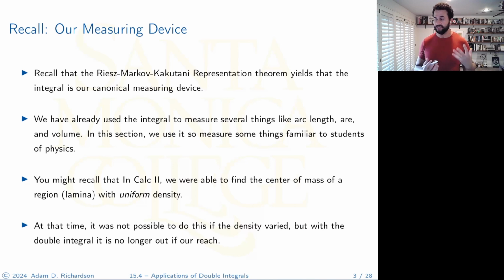So one of the assumptions previously in Calc 2 was that the region that you wanted to find the mass of basically had uniform density. Because if your density is not uniform, then you have to assign a different value based on your location in the actual region, right? Now we can do that using multivariable functions and multiple integrals.